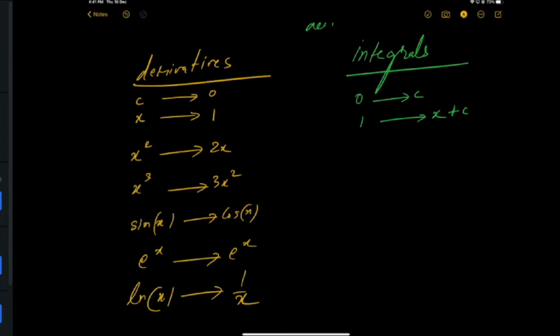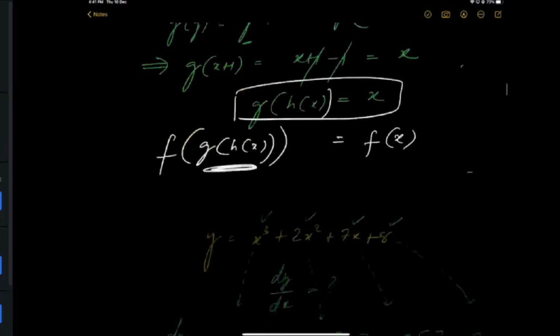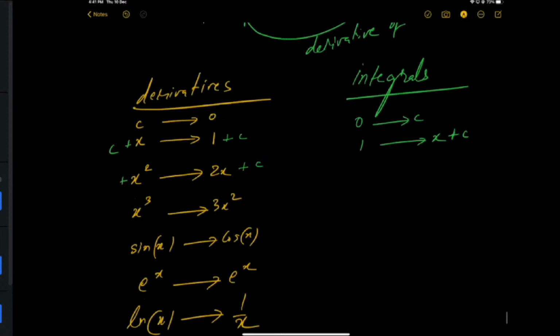Why that constant comes is because even if you have constants, the derivatives are the same, because the derivative of a constant is anyway 0. That's why we write a constant here. I'll get to that later.